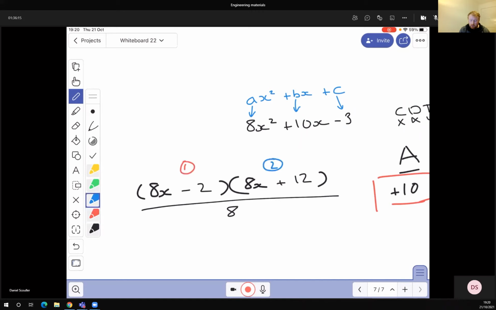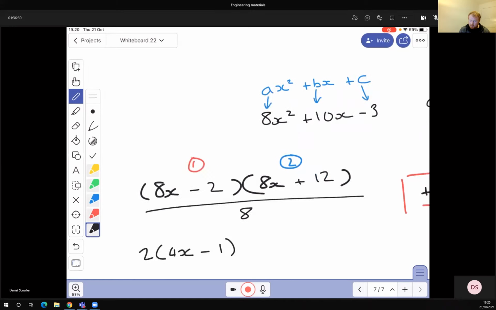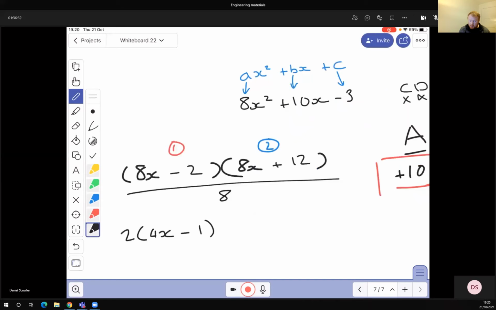Simplifying the first, are there common factors there? Yes, there is. Superb. Let's take out that common factor, which in this case is going to be 2. Let's get this right this time: 2 is a common factor there. Then we take that other bracket, 8x and plus 12.